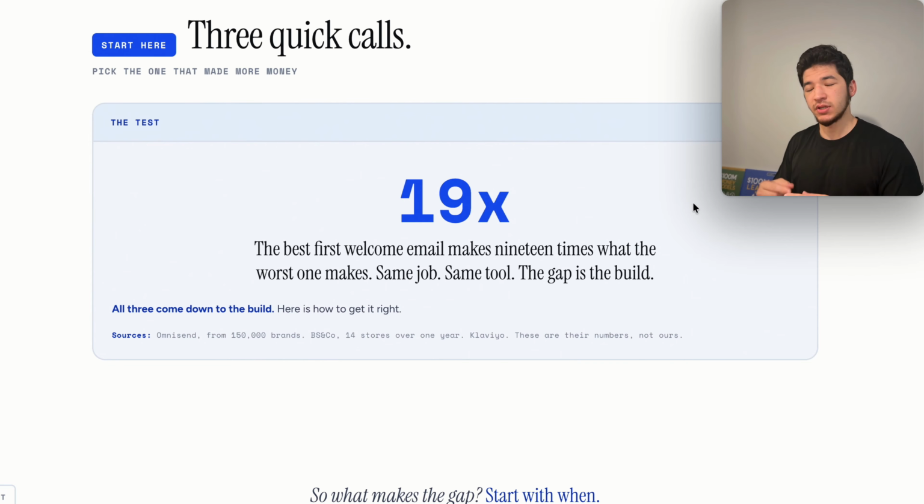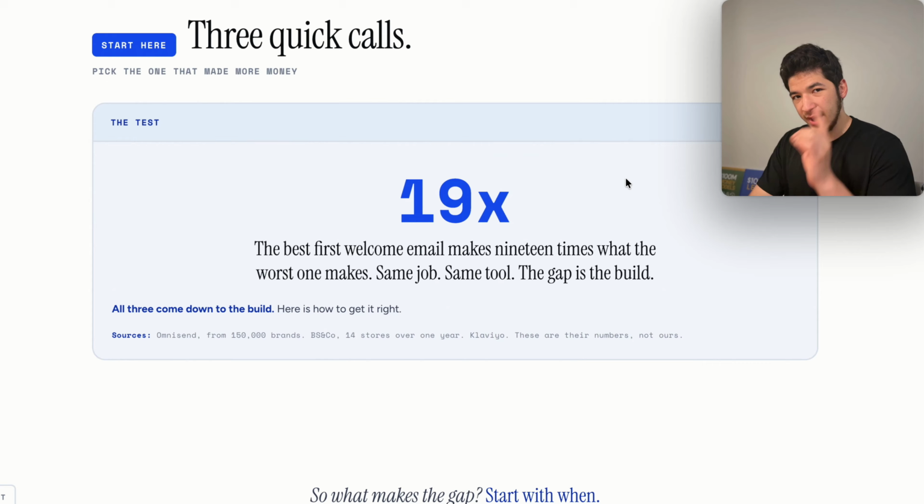If they don't get what's happening, confused, where's my code, 80% leave. Incredible. This is the number from Klaviyo directly and OmniSend combined. These are the 2 main email platforms. The best first welcome flow email makes 19 times more than the worst one from their statistics.